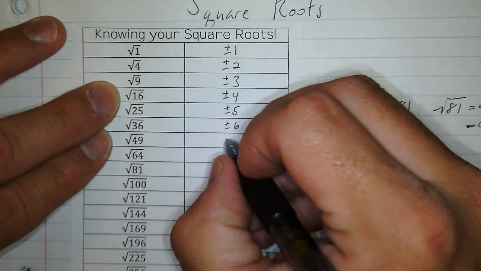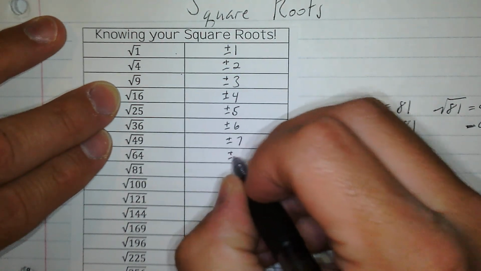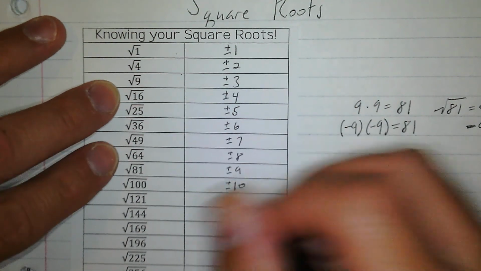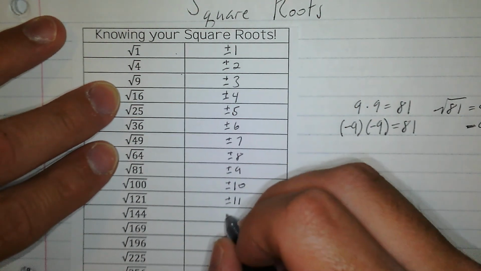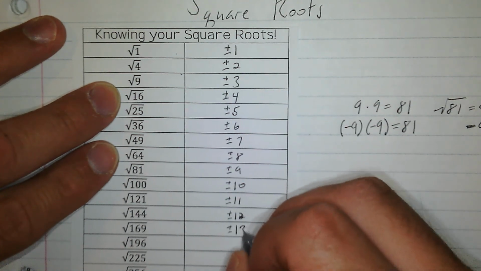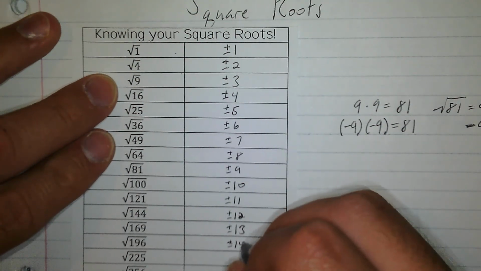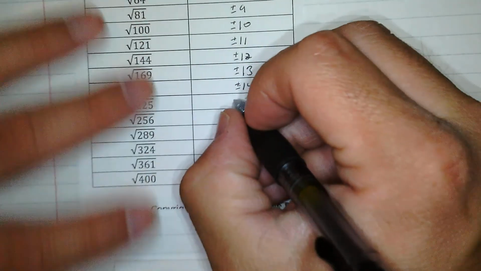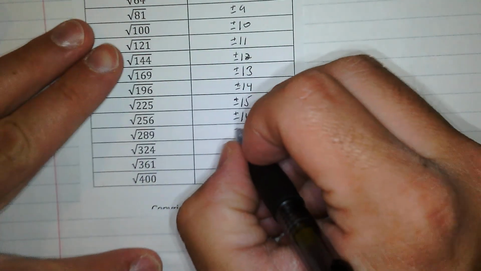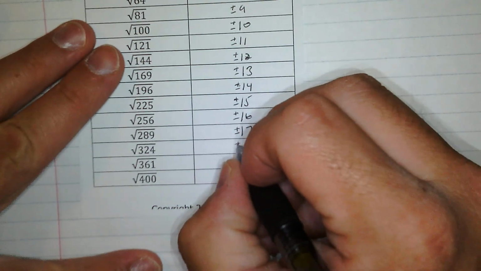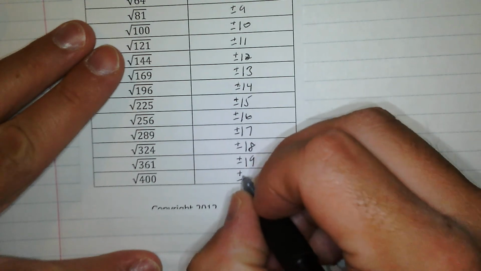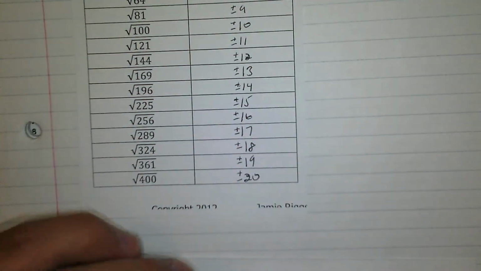And so forth, it just goes down, up to 20.